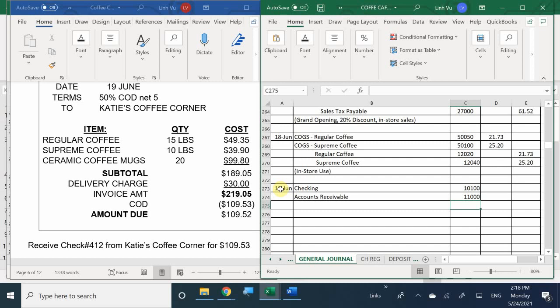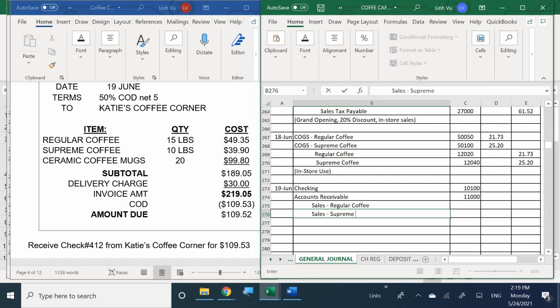Now we have to itemize exactly what is going on here. We're recording the sales. Then you have sales, Supreme Coffee. In this case, we're recording based on the pounds of coffee we sold instead of individual cups, because once again, we're acting as a wholesaler as well.